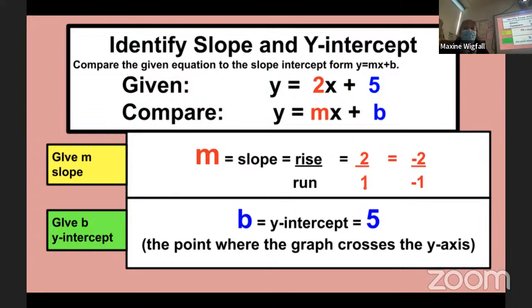So 2 over 1 is the same number as -2 divided by -1, because in algebra, a negative divided by a negative is equal to a positive. So -2 divided by -1 is the same thing as 2 over 1. And again, b is the y-intercept, the number at the end of the equation that's all by itself.